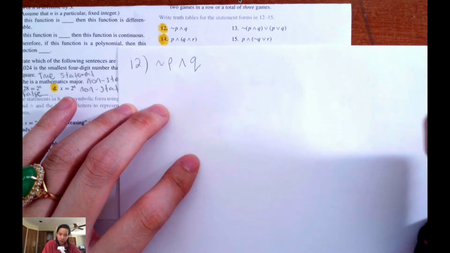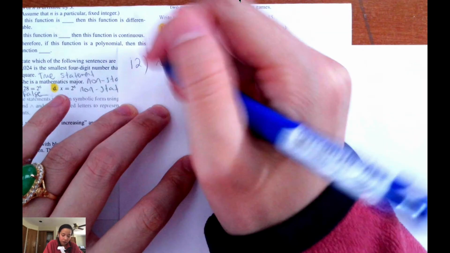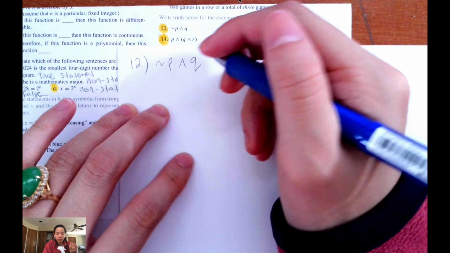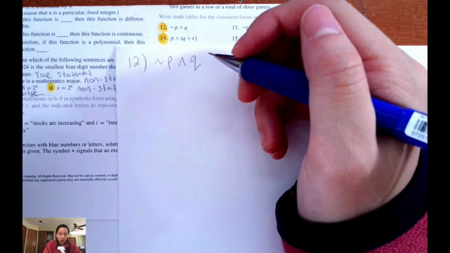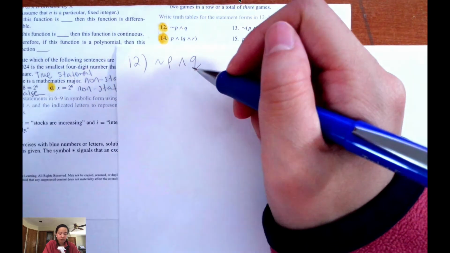What you want to do first when writing truth tables is indicate the most basic components. So I identified the most basic components.